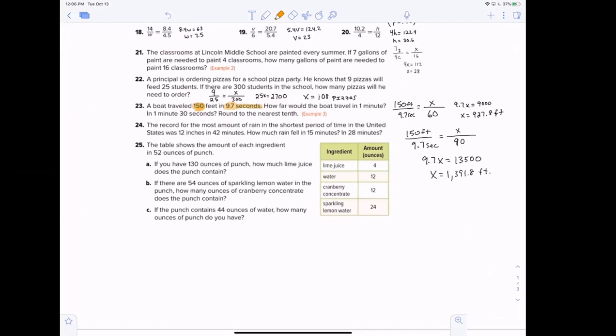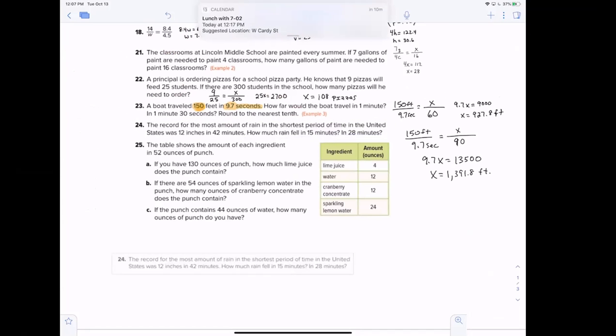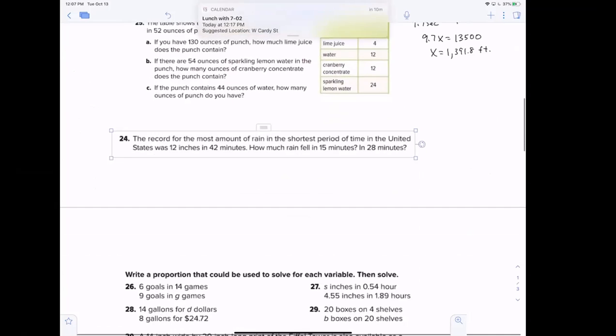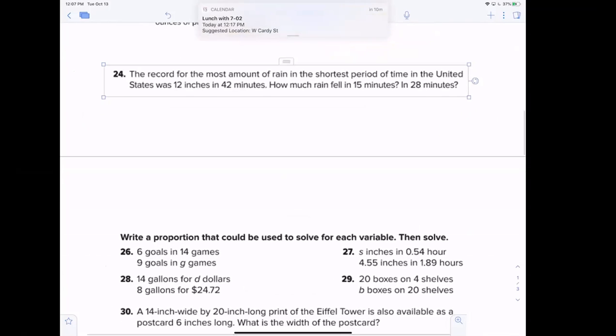23. All right, I'm gonna grab 24 because I don't have enough room. Okay, 24, read it.